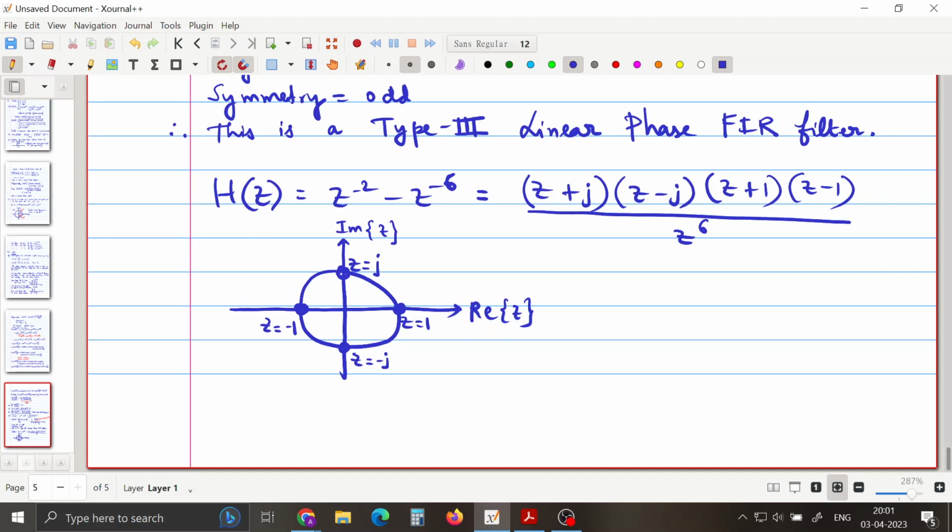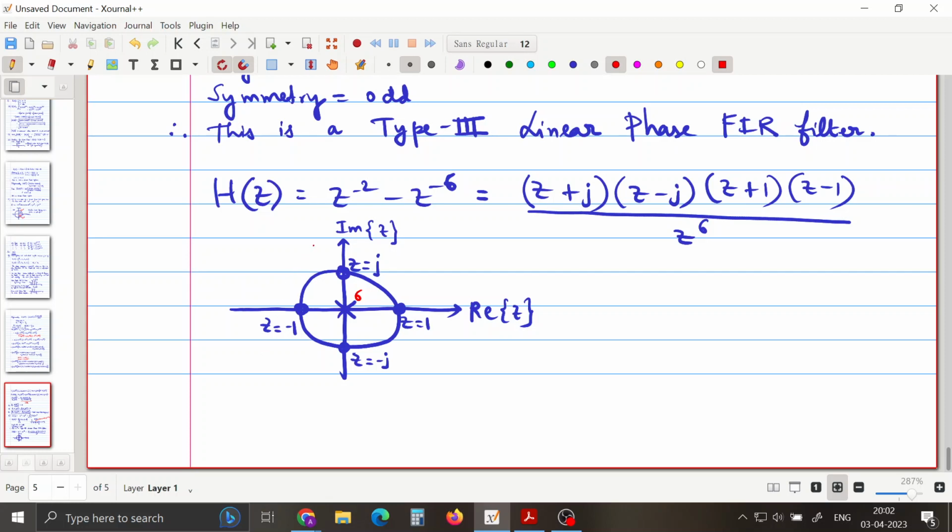From this rational transfer function, you can just plot the zeros. And similarly, we have 6 poles at the origin, 6 trivial poles. So I will plot one pole and just write 6 here. This 6 indicates the order of the pole.